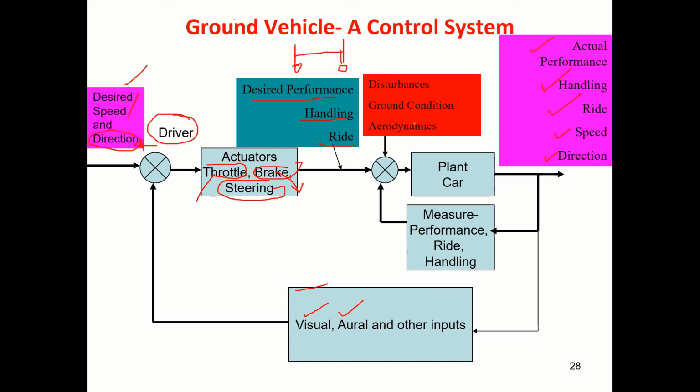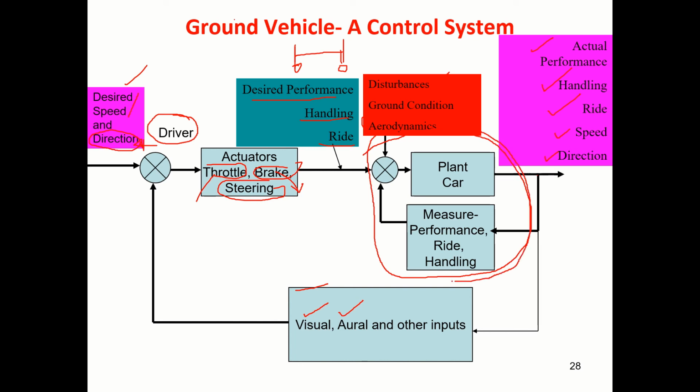The car will be subjected to various disturbances. What are those disturbances? Road condition and aerodynamics related. These are the disturbances. These are what I design. Now I should be able to measure these values and correct this. But dynamically correcting this is difficult.